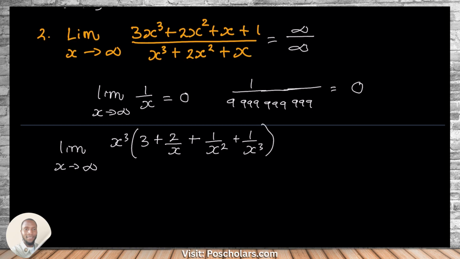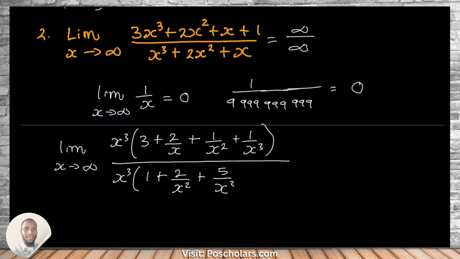What we just did was that we factored out x raised to power 3, right? Then you do the same thing for the denominator. Similarly, you factor out the highest power, which is x raised to power 3. And when you factor out x raised to power 3, what will be left is 1 plus, you can confirm it, 2 over x squared, plus 5 over x raised to power what? 3.